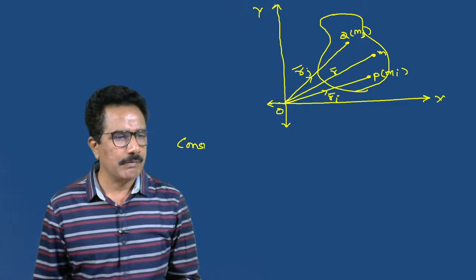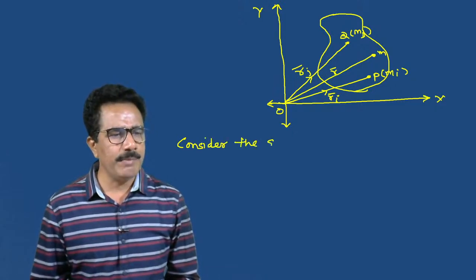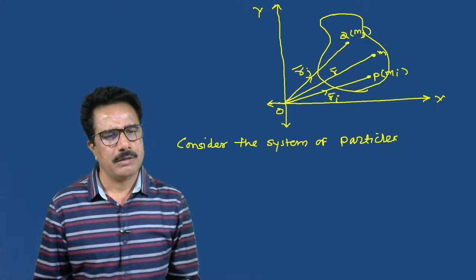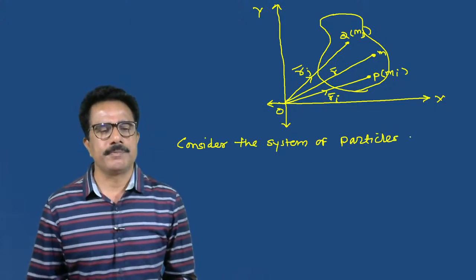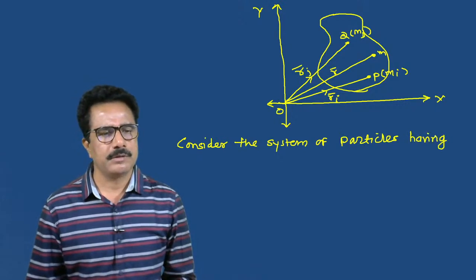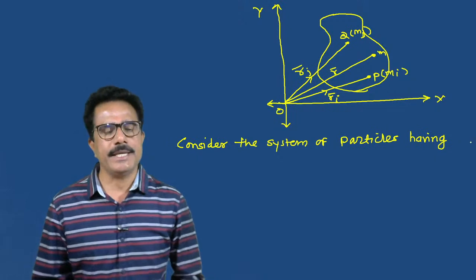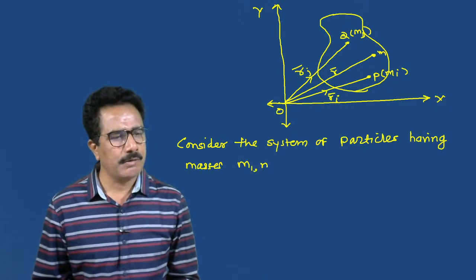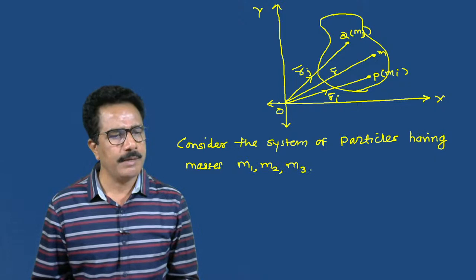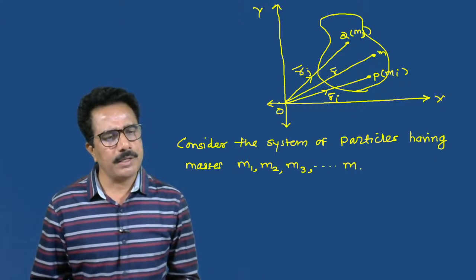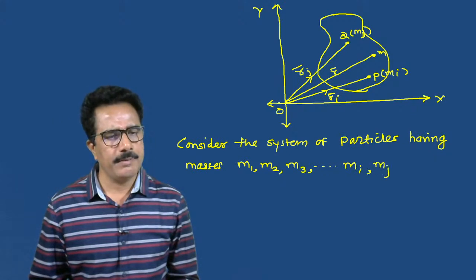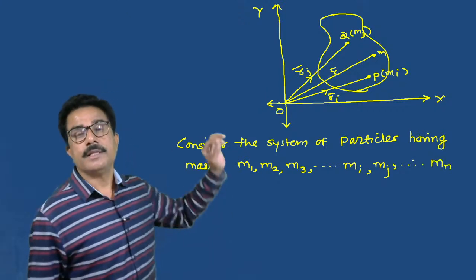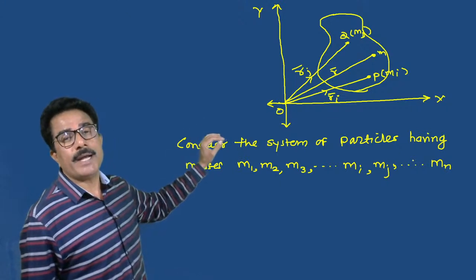Consider a system of n particles having masses m1, m2, m3, up to mi, mj, up to mn. This means there are n particles in that system.